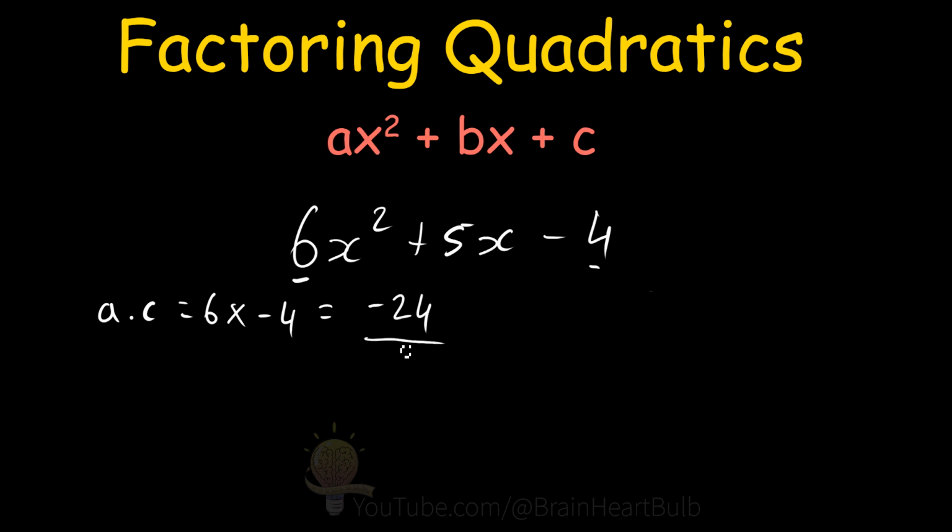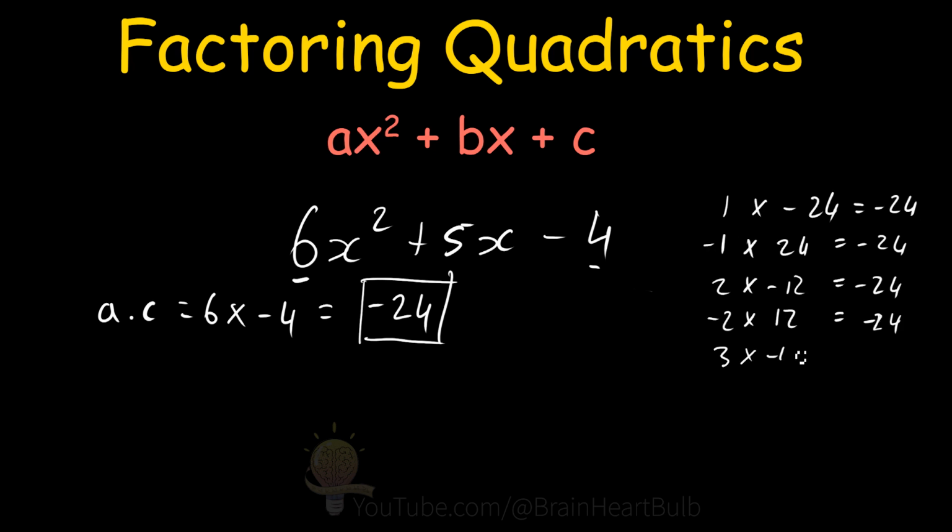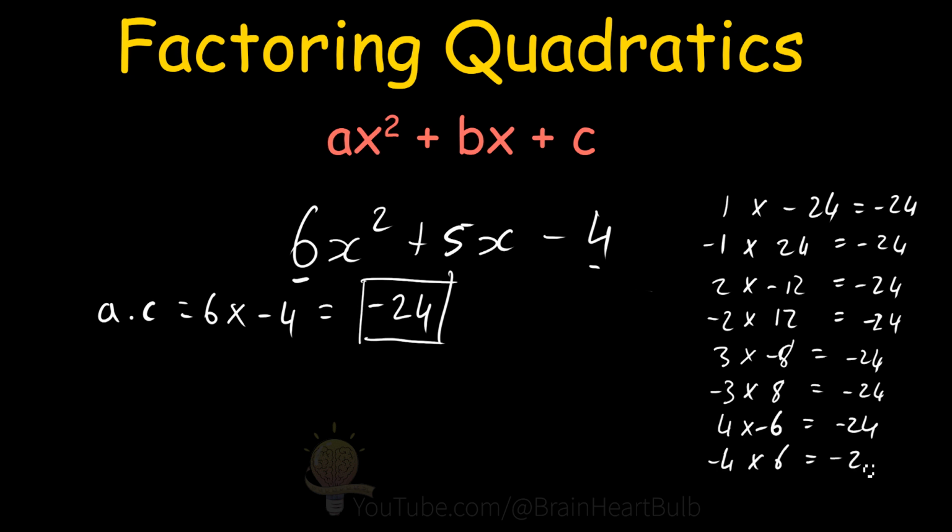And we need to list out all the factors of minus 24. So we have 1 times minus 24, and out of this list of factors we need to find two values that sum to give a positive 5. So what two factors out of this list here sum to give positive 5?